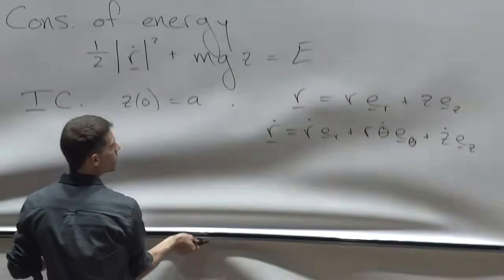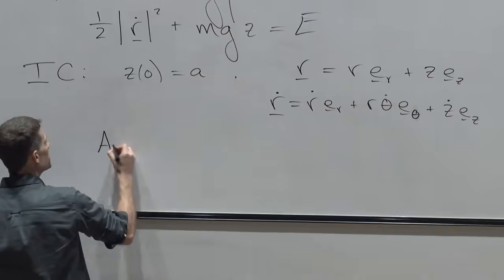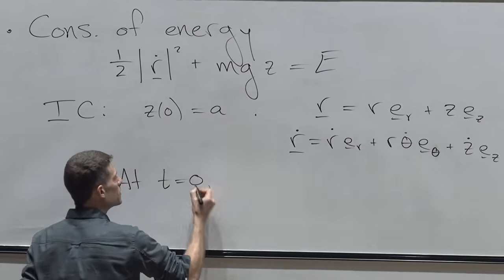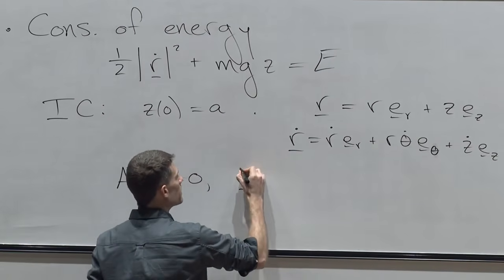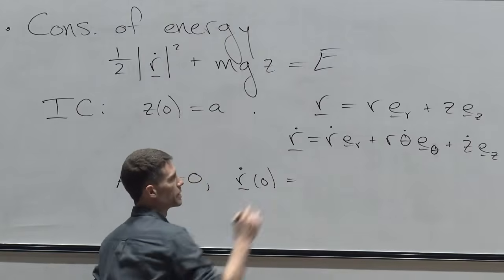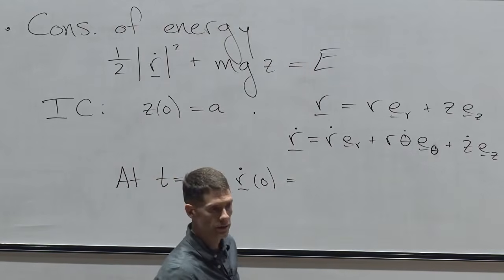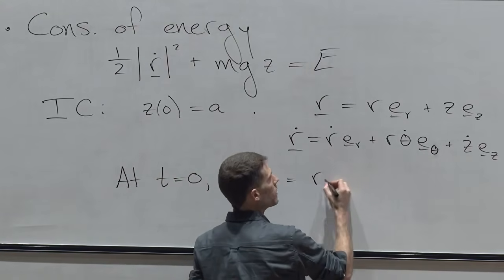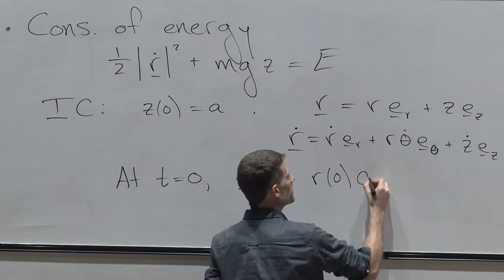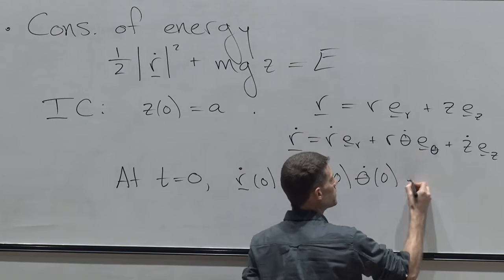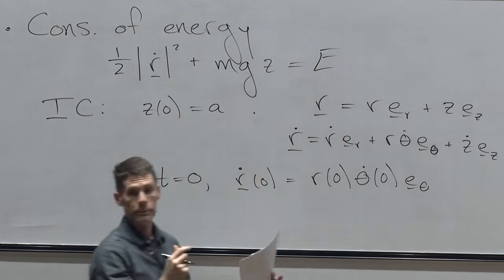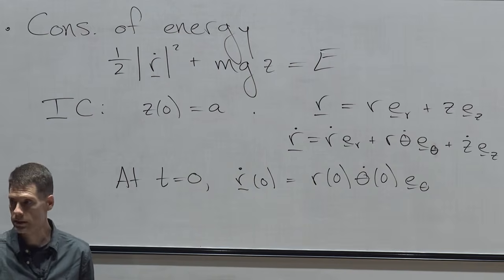So at t equals 0, r dot of 0 must be just r of 0 theta dot of 0 e theta, and that must have magnitude of v.